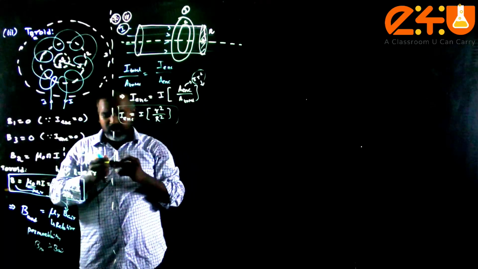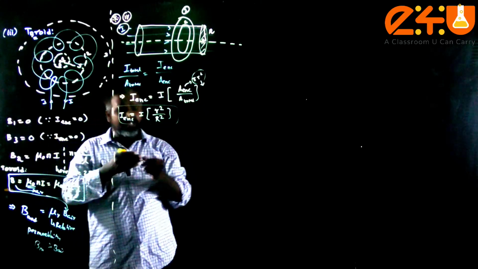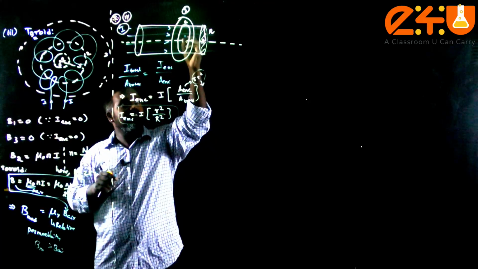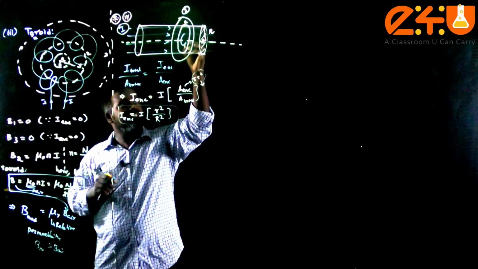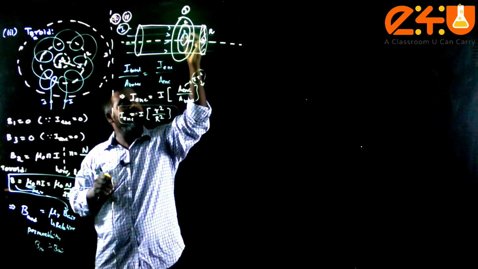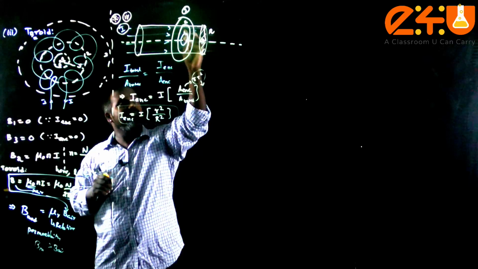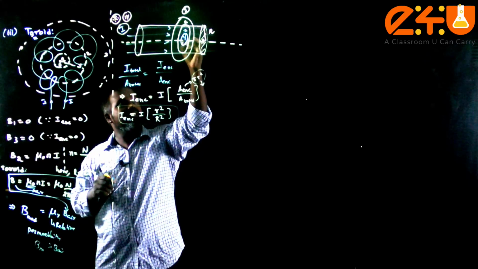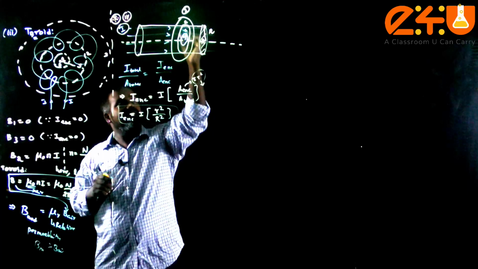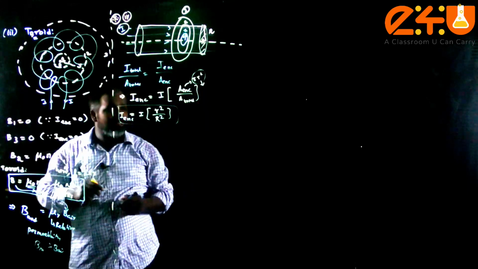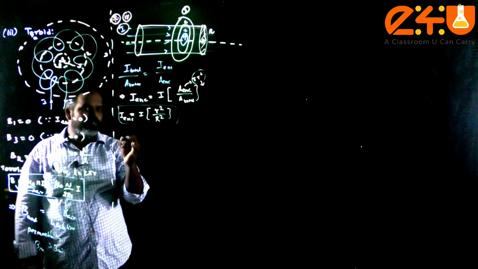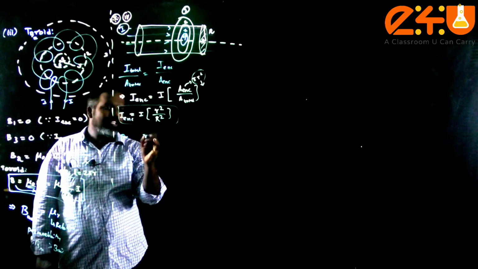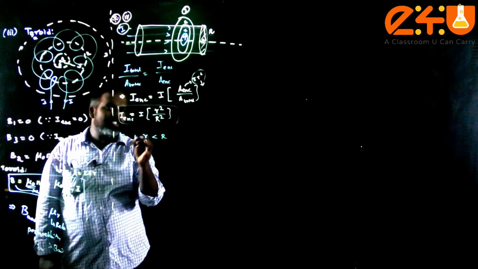And the third Amperian loop is within the wire. This may be considered the first one. So for example, this is R in, this is R, and this will be R out. Now please see the Amperian loop for which r is less than R.